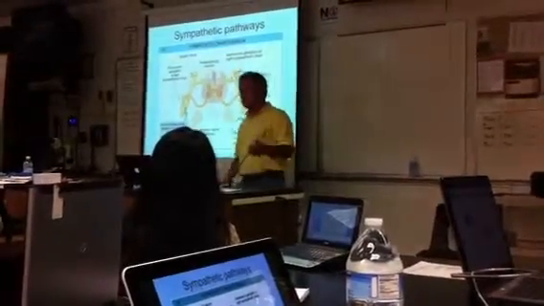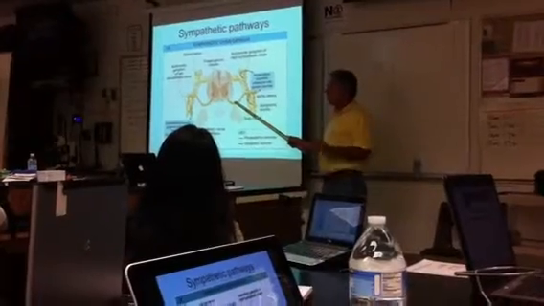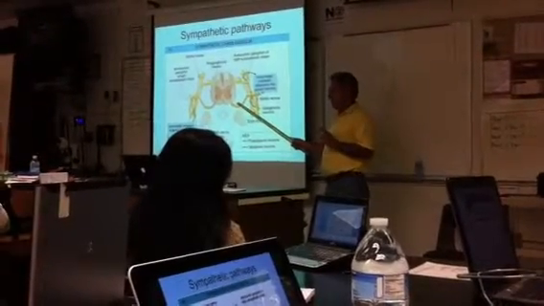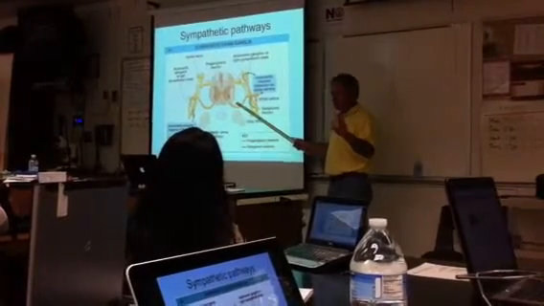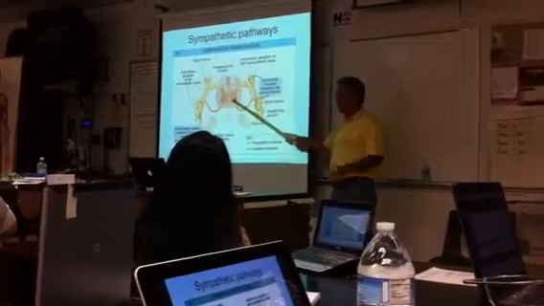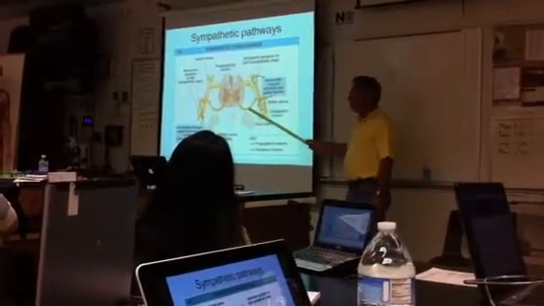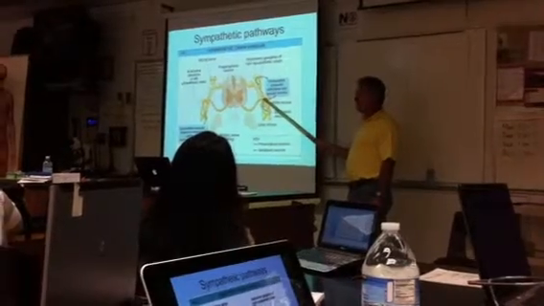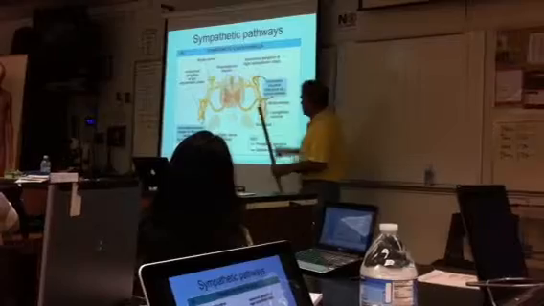All right, so here's how this works. Now remember, this fiber is myelinated. Lightly myelinated, but nevertheless myelinated. So it's white. It's got myelin. All right, so here it comes. It comes out the ventral root, passes briefly into the spinal nerve, and then this happens.